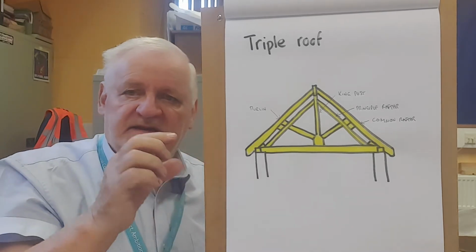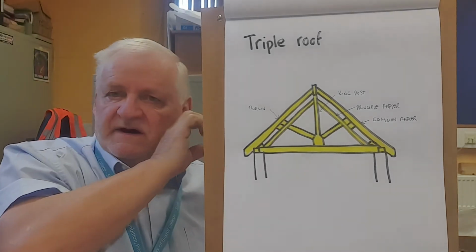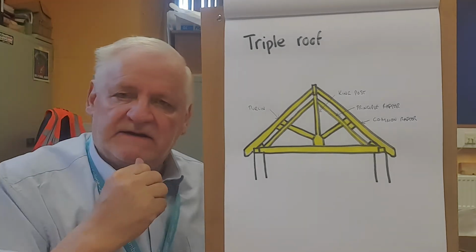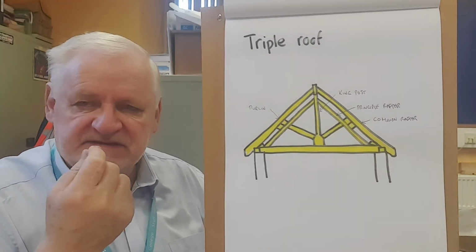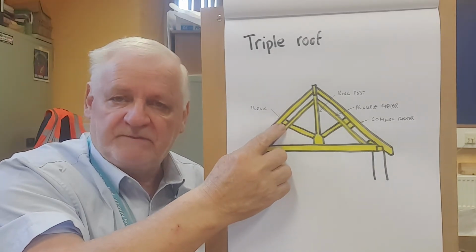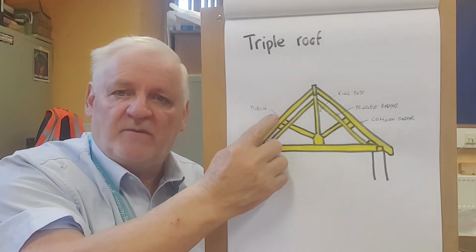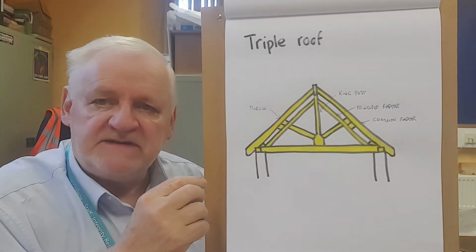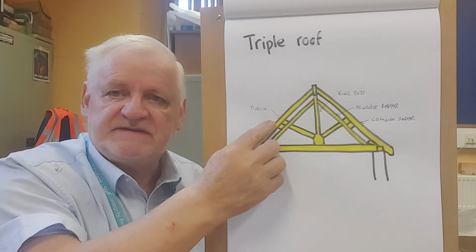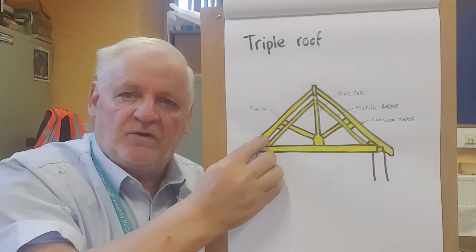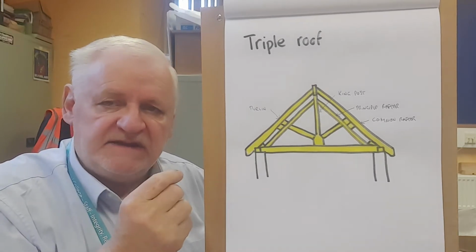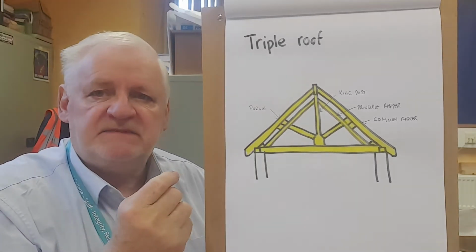Now a purlin is a beam of timber that goes down the length of a roof but halfway up, and the particular point about that is that if this is supported in the middle, it means that this common rafter can be of lighter material because it's only got to stretch across a short distance. It's not stretching all the way up, and that means that you can use lighter material.